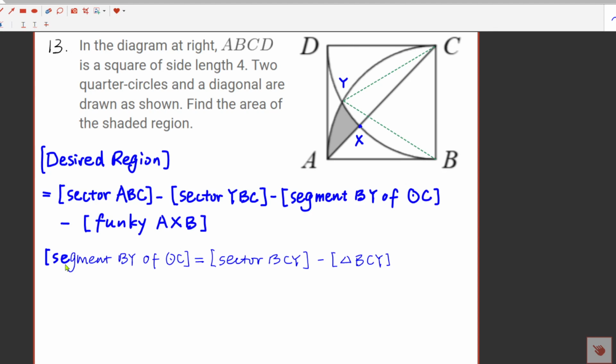And furthermore, because CB equals BY, it also equals CY, right? Each is a radius of a circle with radius BC. Then we know triangle BCY must be an equilateral triangle. So we can easily find this area, right?